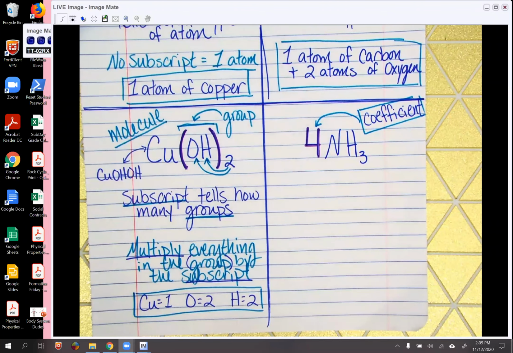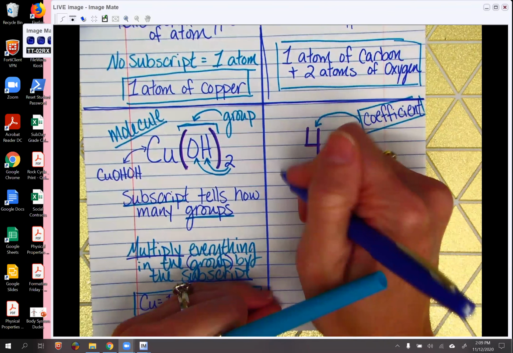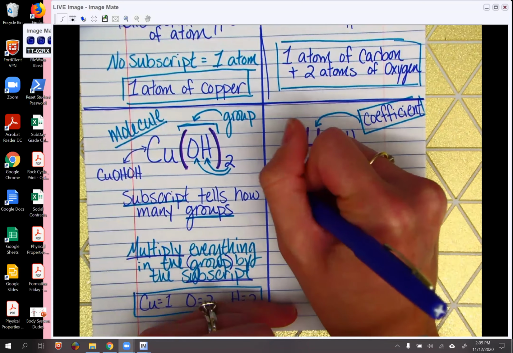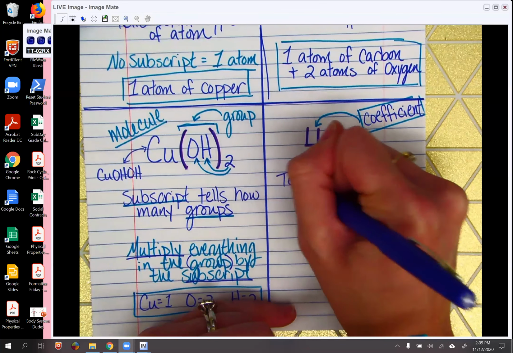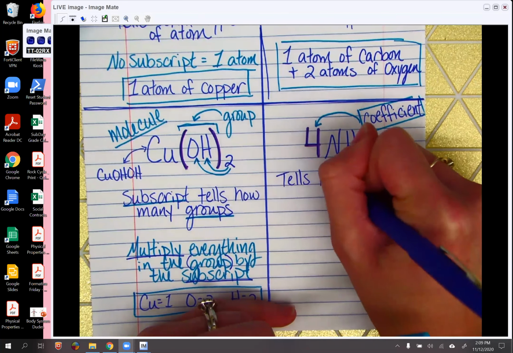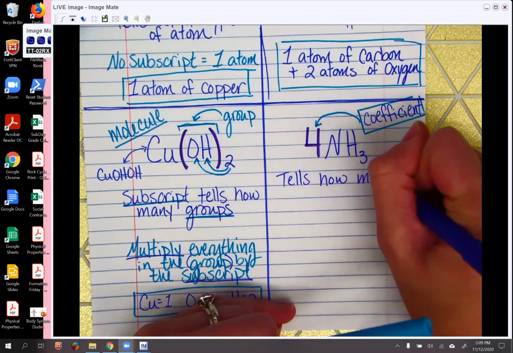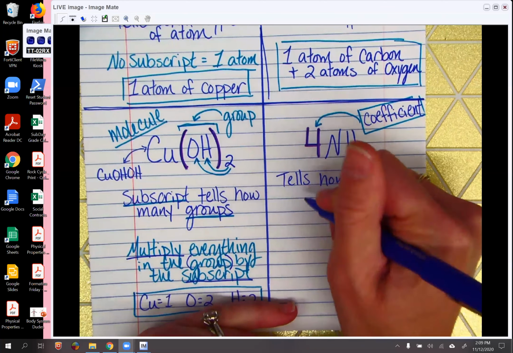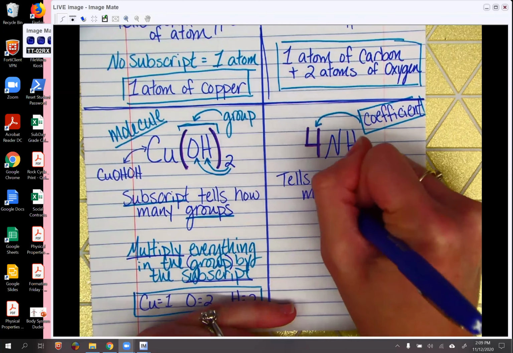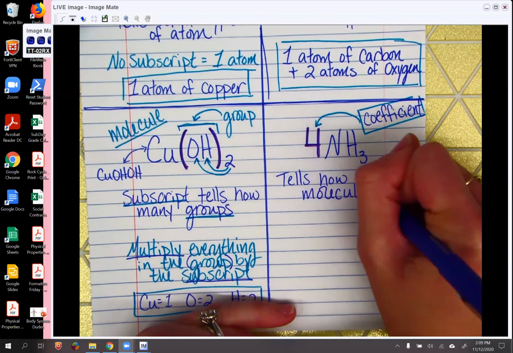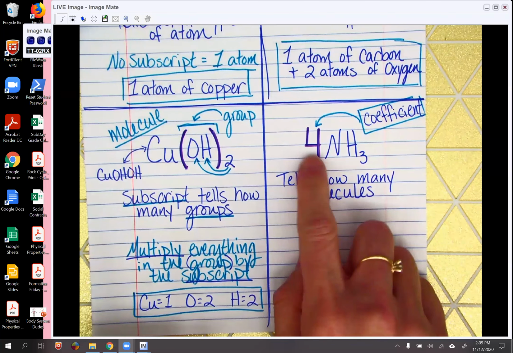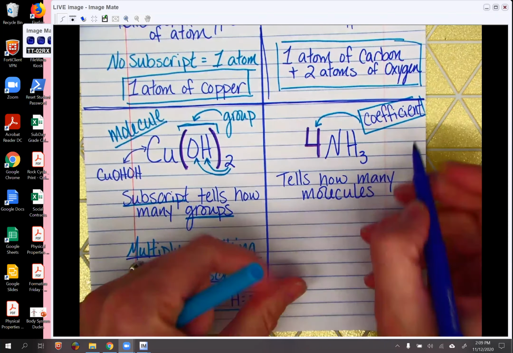And the coefficient tells how many molecules. So this is telling me I have 4 molecules of NH3.